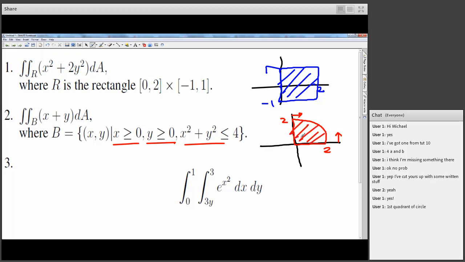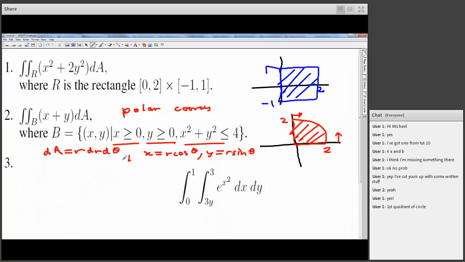Now, as soon as you go, oh, that's a circle, that tells you that polar coordinates are going to be a really effective way of doing it. As polar coordinates, dA would become r dr d theta, x becomes r cos theta, y would be r sine theta, just writing what polar coordinates are.